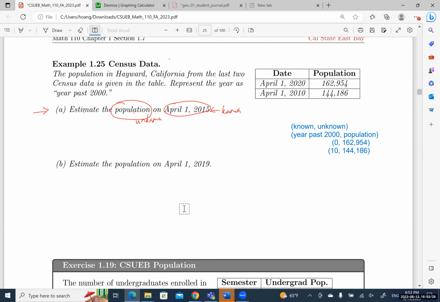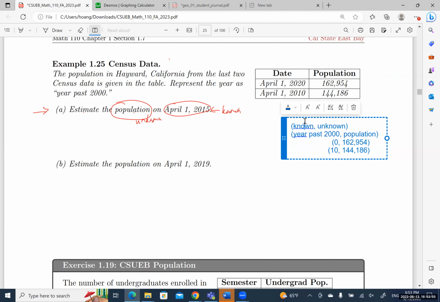So now we have 2 points, and we can find the slope of these 2 points. Let's label them using X and Y again if we want.